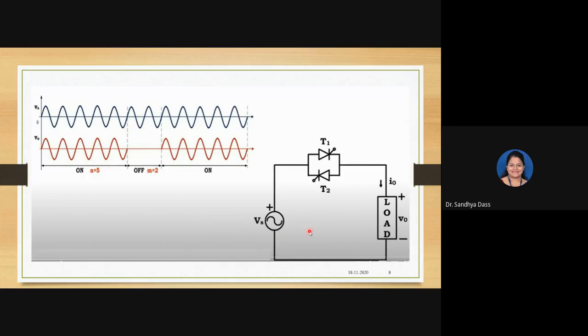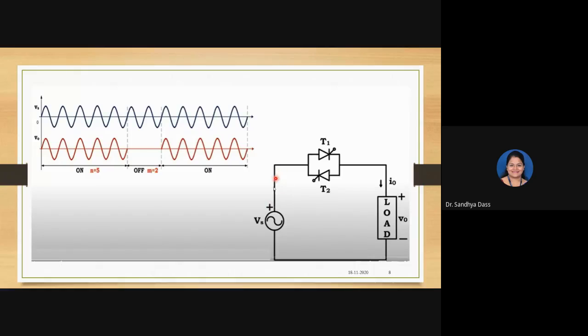In the positive cycle, when the supply is such that this terminal is positive and this terminal is negative, if you are triggering T1, if you are turning on T1, then T1 will go into conduction mode. Recall there is a gate circuit which is not shown, but whenever you are discussing a thyristor, you should remember there will be a gate triggering circuit.